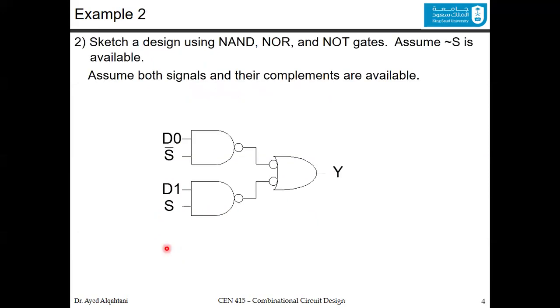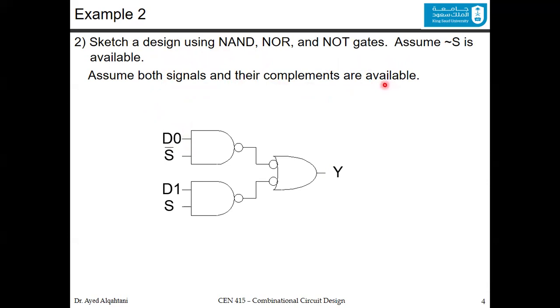Now, if you were asked to sketch the design using NAND, NOR, and NOT gates, assuming that S bar is available, you don't have to put an inverter. Usually we have this assumption in every circuit that you should assume both signals and their complements are available.